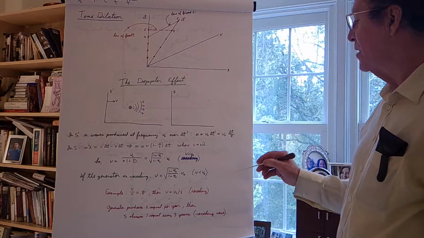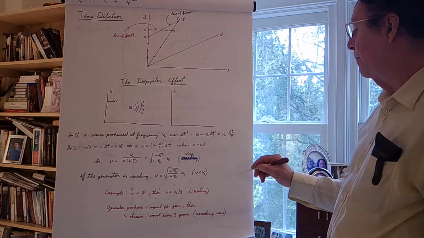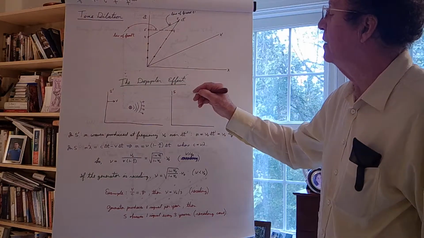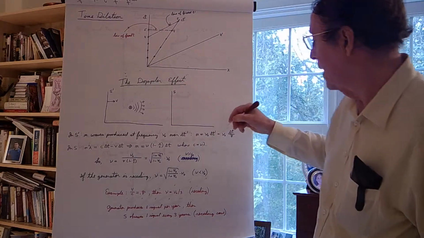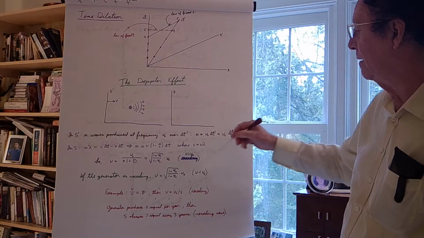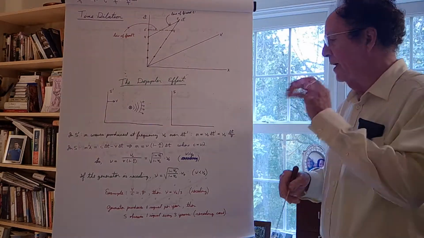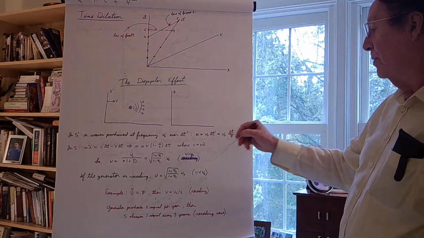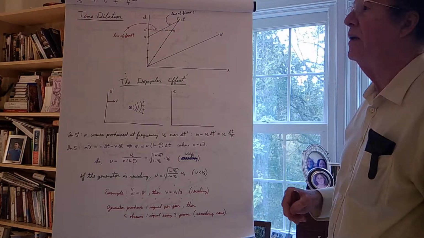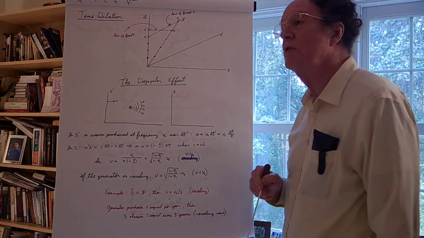So in the case that S prime is receding from me, that V is negative, the frequency that is observed is nu equal to nu zero divided by 3. So if the generator produces one signal per year, then S would observe one signal every 3 years. The frequency is reduced by a factor of 3.